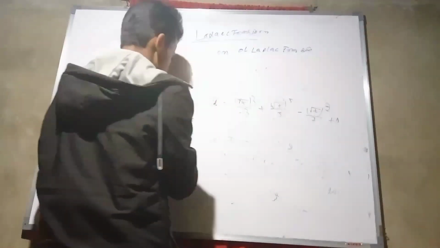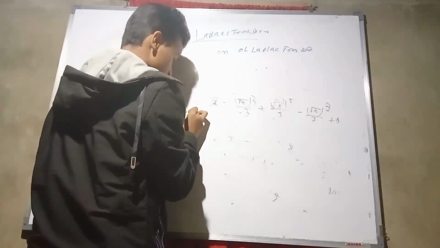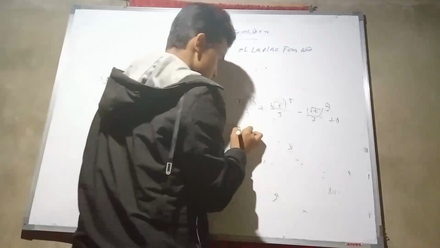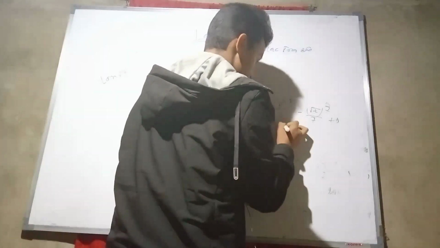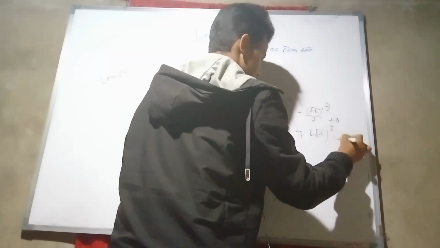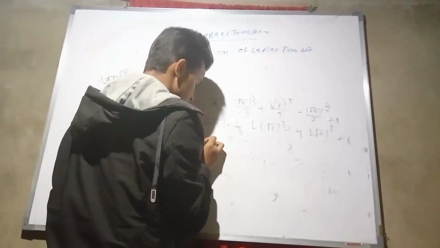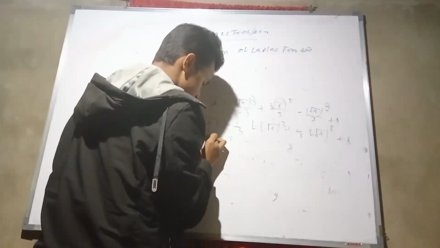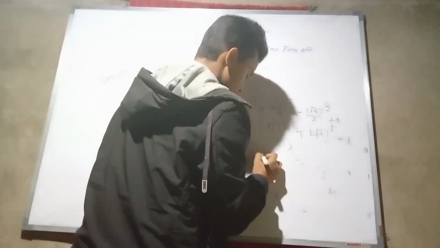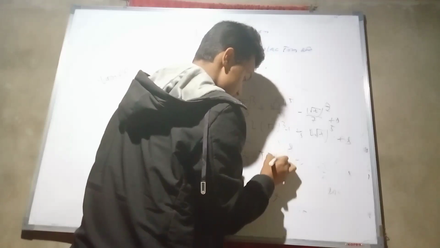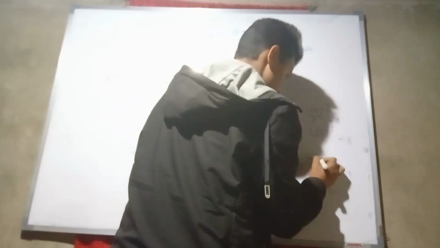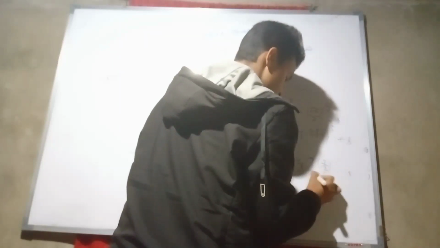So the Laplace transform of tan inverse root t will give us the Laplace transform of root t, minus 1 by 3 times the Laplace transform of root t cube, plus 1 by 5 times the Laplace transform of root t to the power 5, and so on. That is gamma 3 by 2 upon s to the power 3 by 2, minus 1 by 3 gamma 5 by 2 upon s to the power 5 by 2, plus 1 by 5 gamma 7 by 2 upon s to the power 7 by 2.